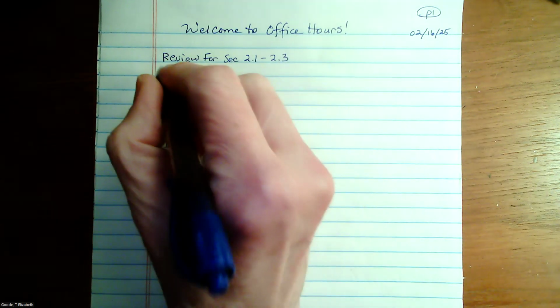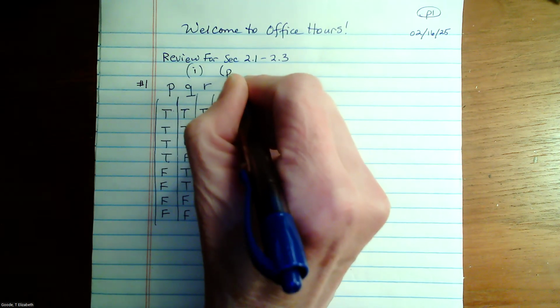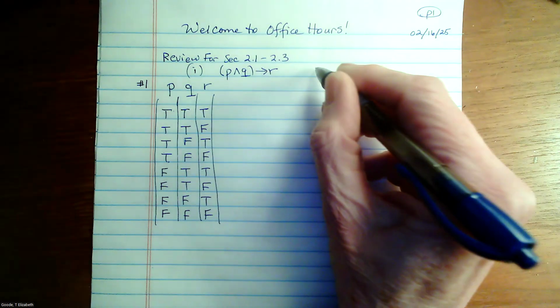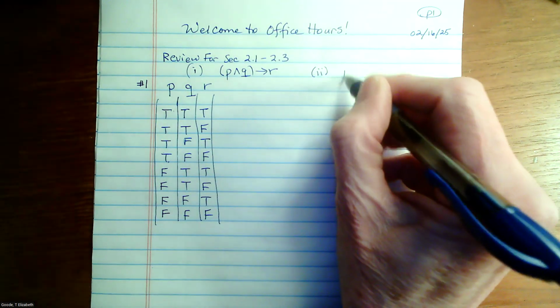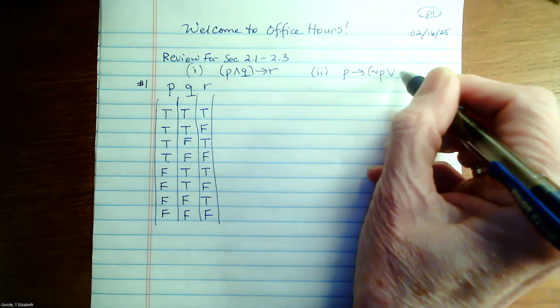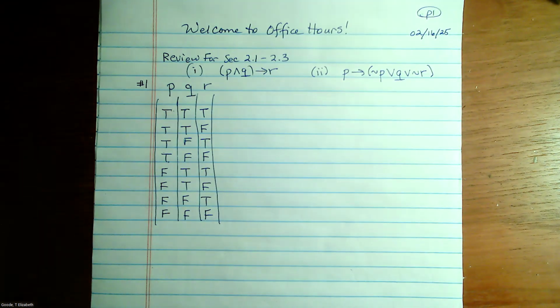Now we're going to compare P and Q implies R with the statement form P implies the quantity not P or Q or not R. All right. Okay.